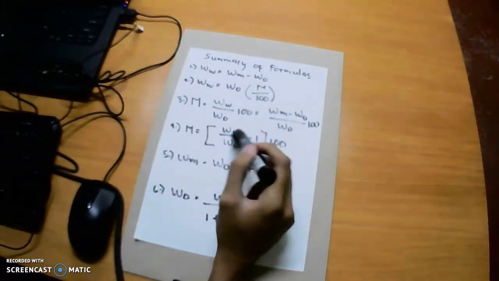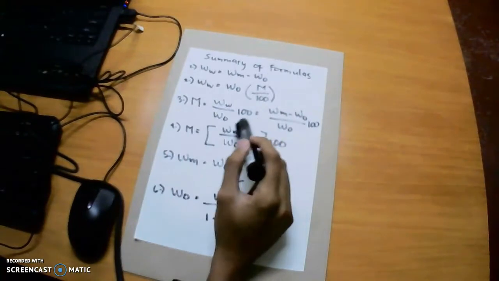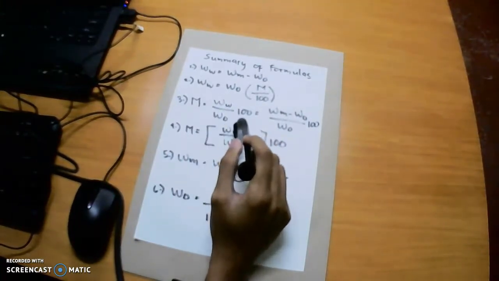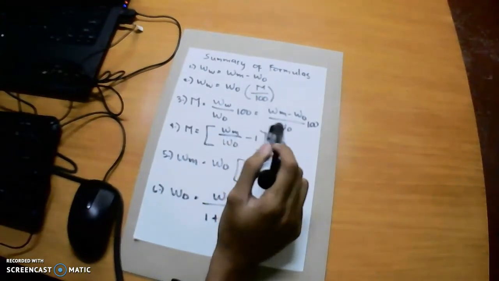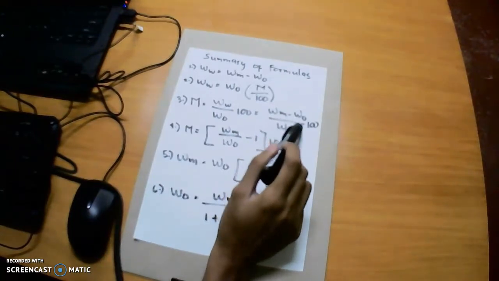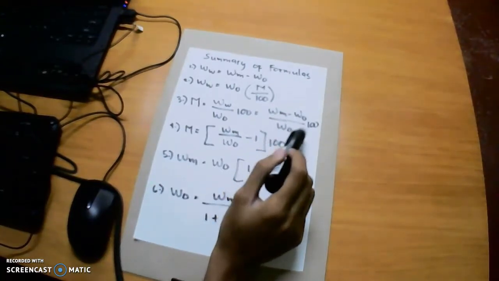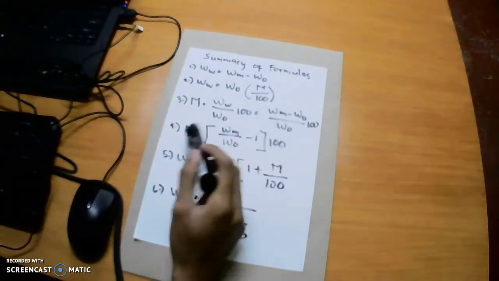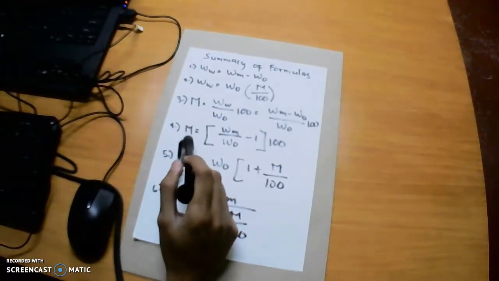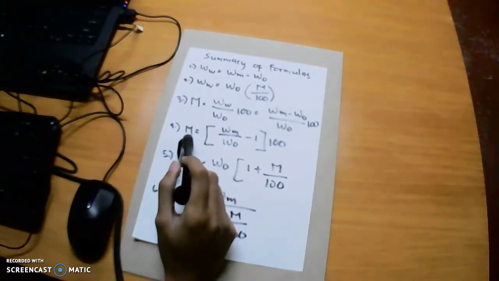Okay? So, for formula number 3, M is equal to WW over WO times 100, which can also be illustrated as M is equal to WM minus WO over WO times 100. Okay? Number 4. You can also use this formula if you want to find M or the percent moisture content.